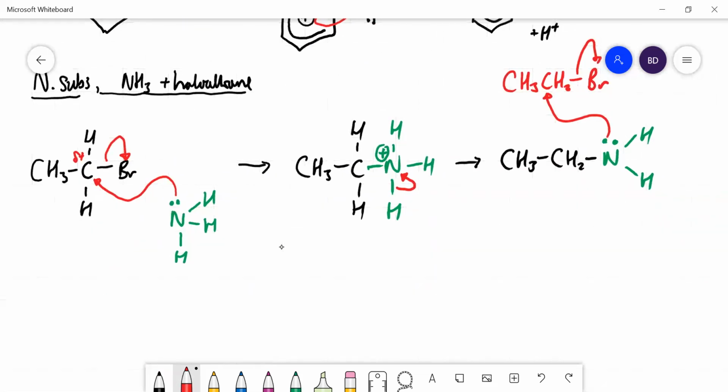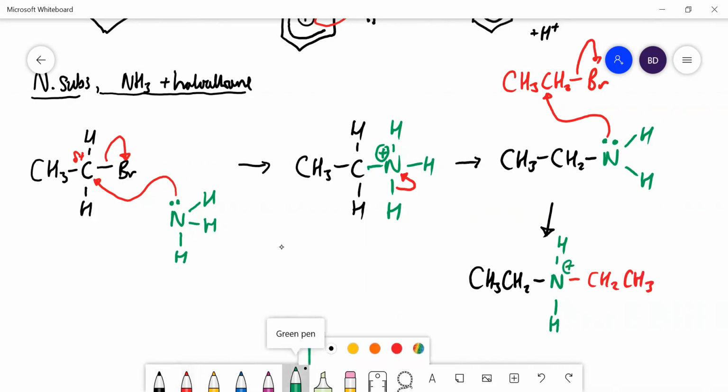What we can see we're going to form there, we've still got, I'll do that in green, two hydrogens attached to our nitrogen, but we've now got another CH3, okay, that group there, and we've got a positive charge on our nitrogen, and that can then lose one of those protons.